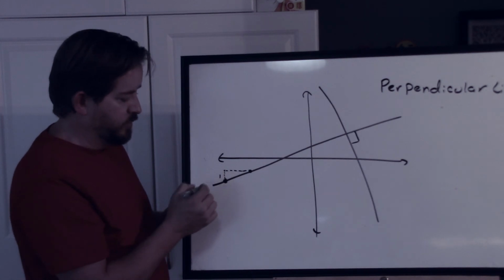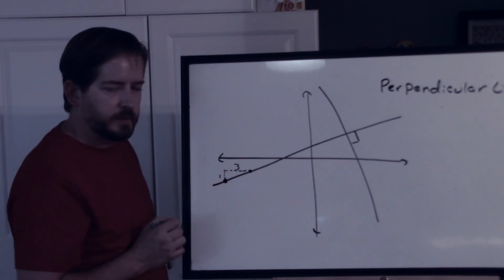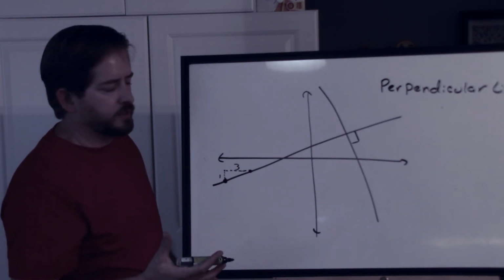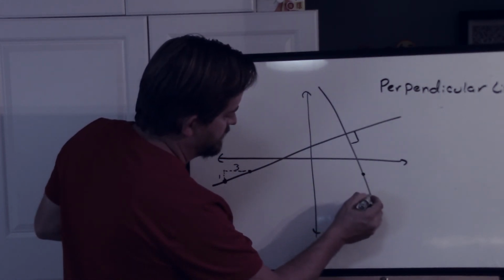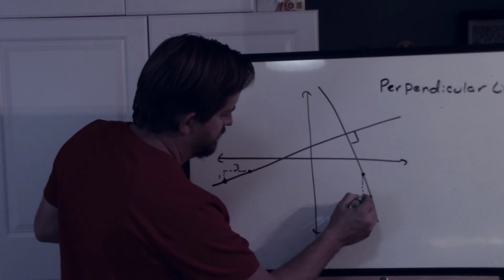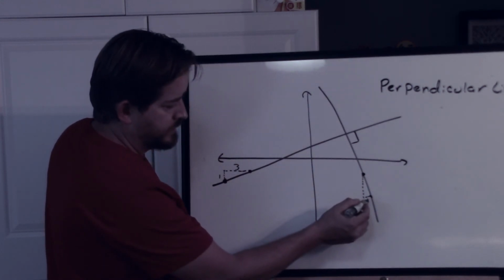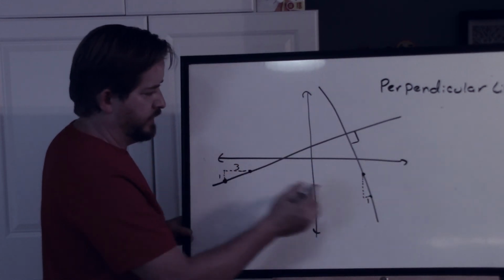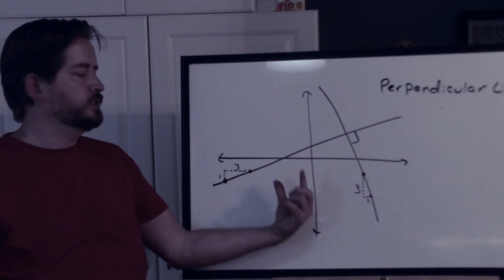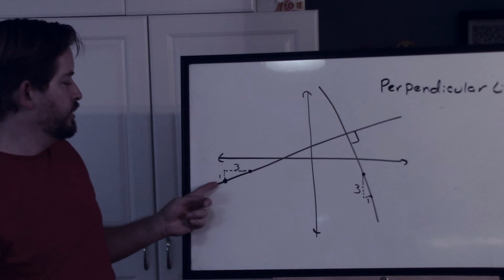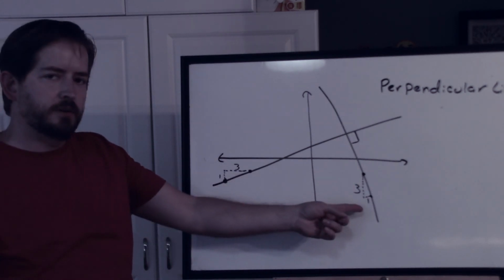Let's call this maybe 1 and 3. I don't know if it is or not, it doesn't matter. But if I have these 2 points on this line about the same distance, this over would be the 1 and this down would be the 3, right? So it's the same triangle, it's just been rotated, and instead of going up, I have to go down, right?